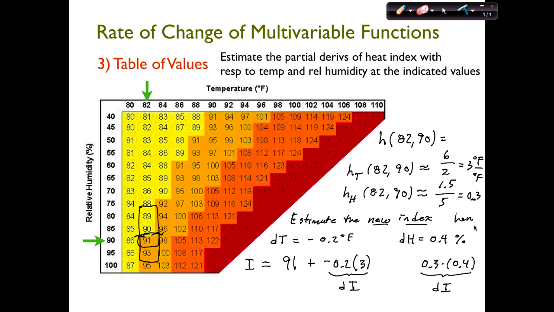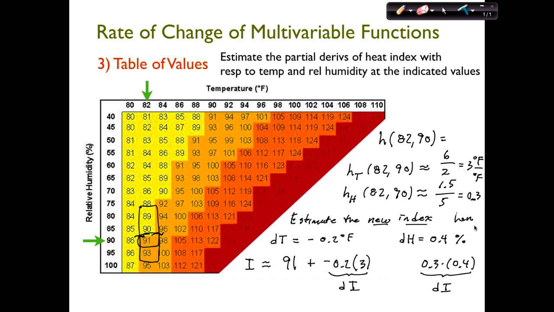Lucas? Wouldn't you just take the average between the two values you got? Between which two values? Your new I's, your approximations to the I's.